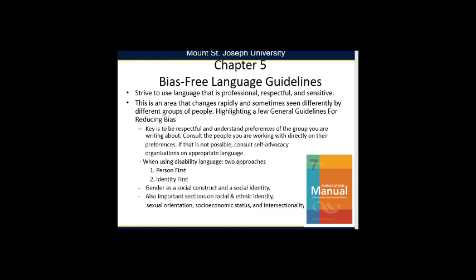Chapter 5 provides a number of great examples of preferred language of different groups of people. Consult the people you are working with directly on their preferences and respect their preferences, is some of the advice that's reviewed in Chapter 5. If that's not possible, consult self-advocacy organizations on appropriate language that can be used referring to different groups of people.